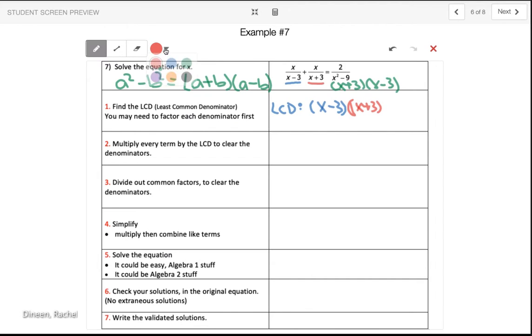Then we look at the factors of our third denominator. So x plus 3, is that already listed right here? Yes. So we do not write it. Then we look at x minus 3. Is x minus 3 already listed? Yes. So we do not include it because it's already represented. So my LCD is x minus 3 times x plus 3. Okay. Questions on the LCD?